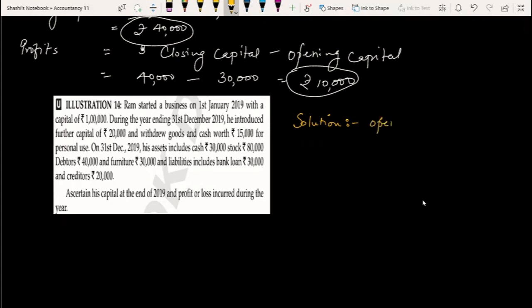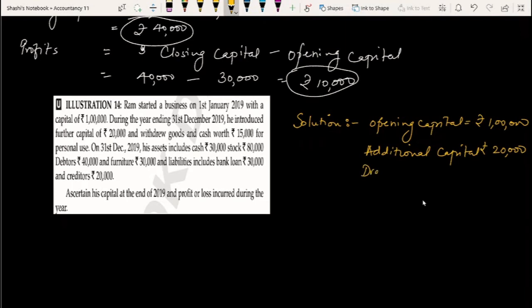First, the opening capital is given, which is rupees 1 lakh. Then additional capital of rupees 20,000, and drawings equal to rupees 15,000.